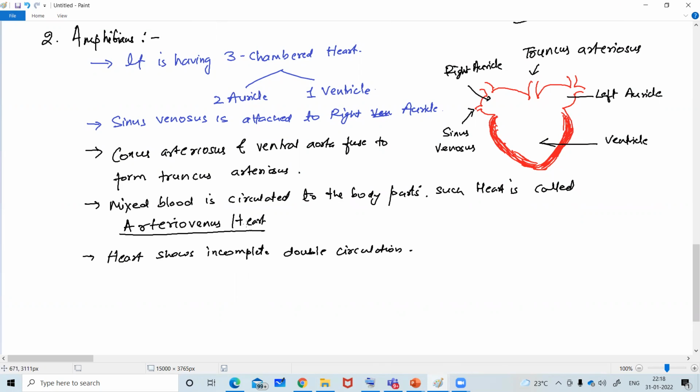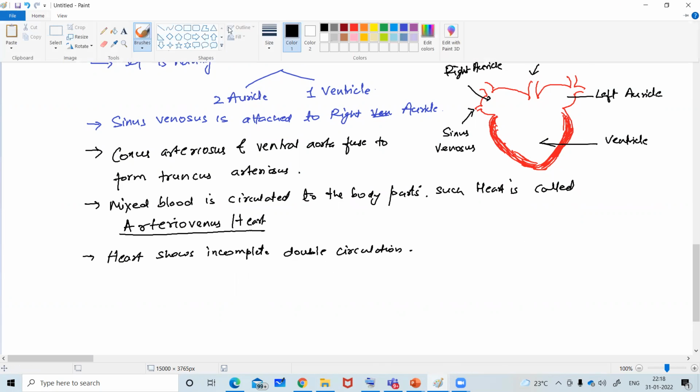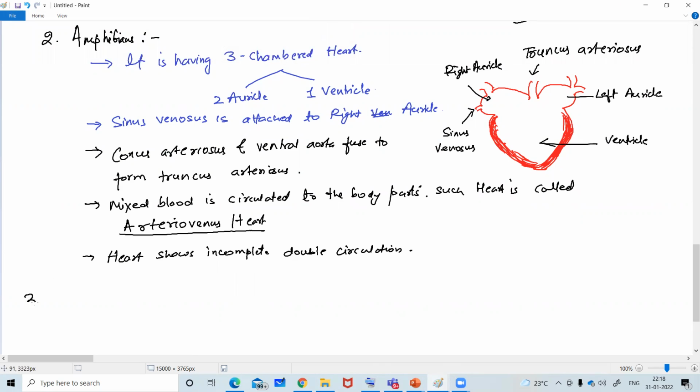So this is how the blood is being circulated in the amphibians. Okay. Let's talk about the third. Third is reptiles.